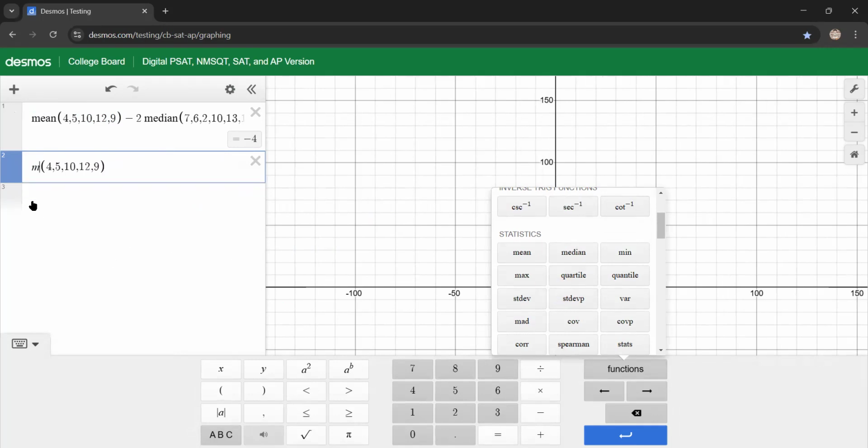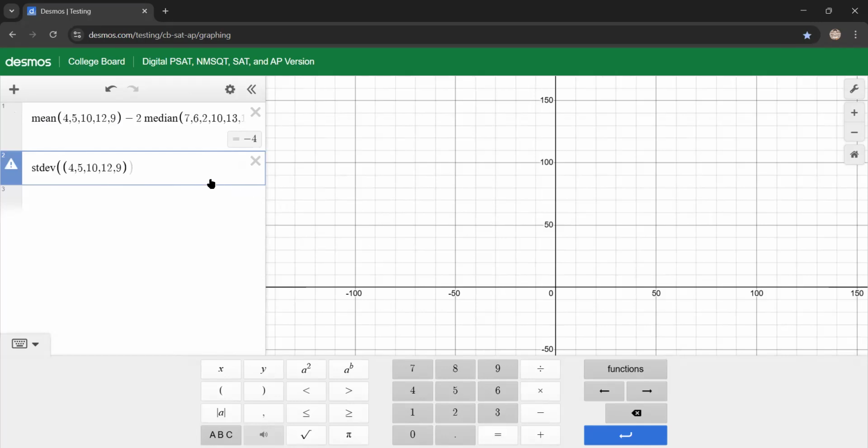Now, let's say you have to find the standard deviation. SAT won't ask you to find the standard deviation. Okay, beware of the brackets. Don't put extra brackets. You will see a warning sign like this. So put the brackets correctly, write the things correctly.